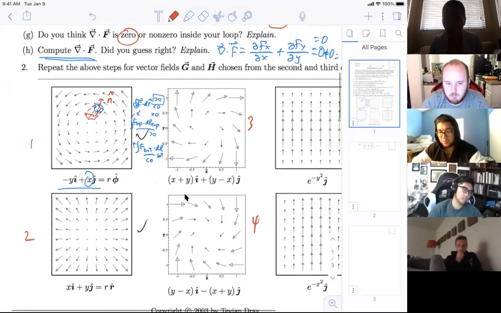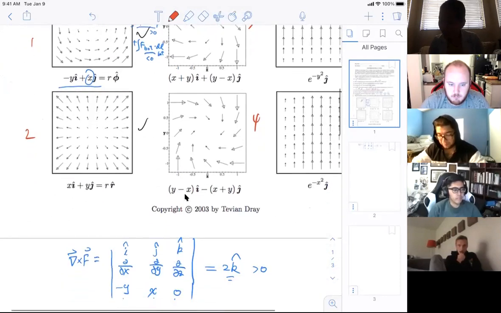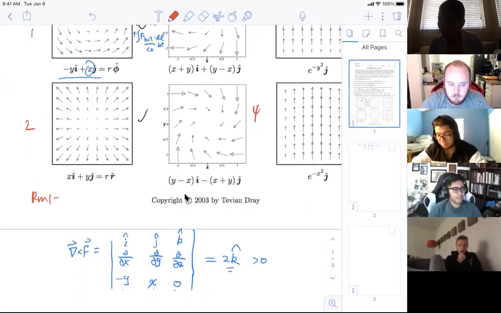So breakout rooms 1 to 4, I want you to work on number 2 first, then if you have time, move on to the next one. Okay, so breakout rooms 1 to 4, work on number 2.